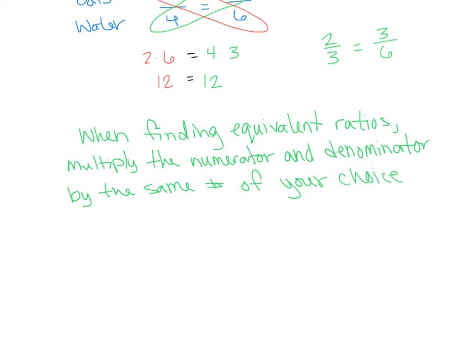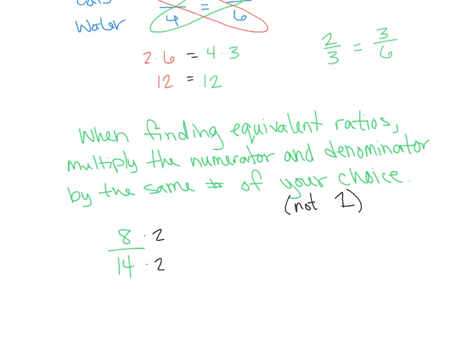Okay, so we have 8/14, and we want to find an equivalent ratio. What we're going to do is multiply the numerator and the denominator by any number we want, but not 1. We'll multiply it by 2 because that's the easiest one.